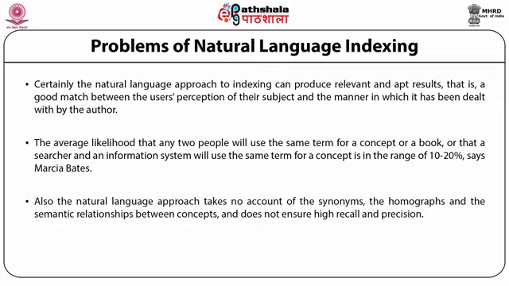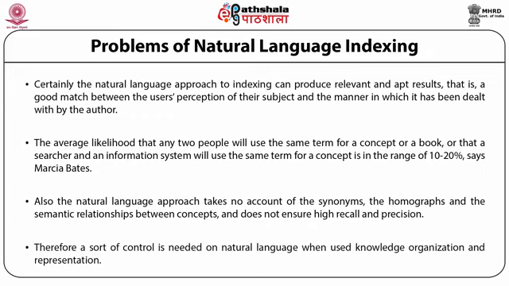Also, the natural language approach takes no account of the synonyms, the homographs, and the semantic relationship between concepts, and does not ensure high recall and precision. Therefore, natural language is not useful for information retrieval, rather it can bring many problems. Therefore, a sort of control is needed on natural language when used for knowledge organization and for knowledge representation.